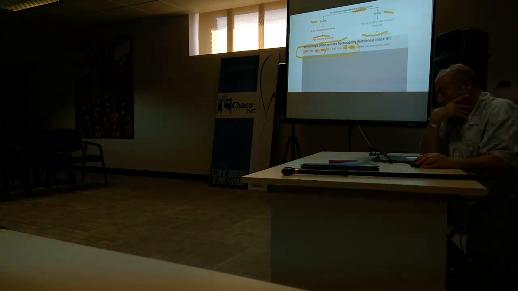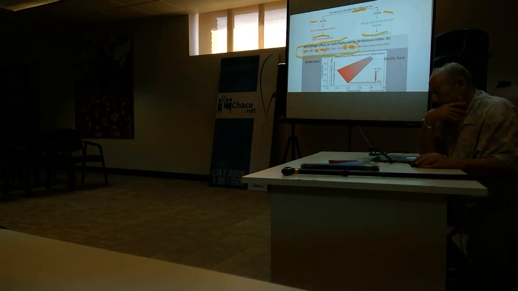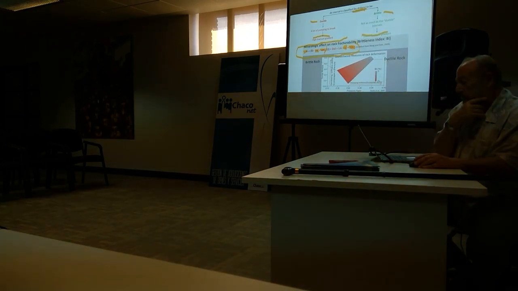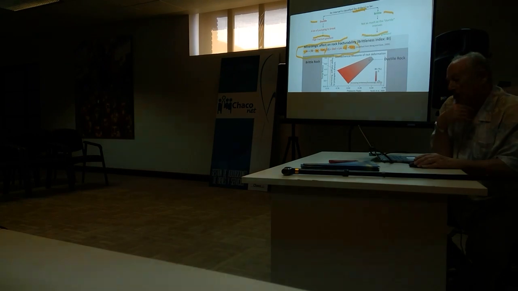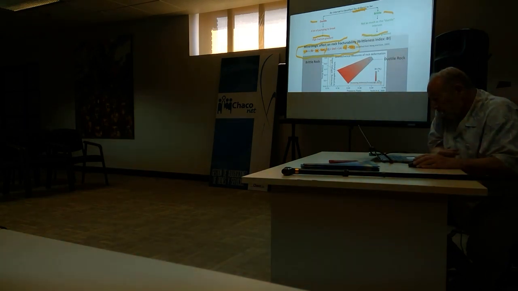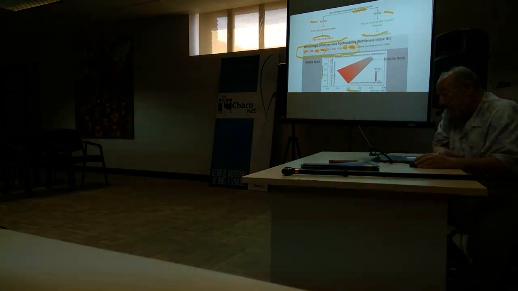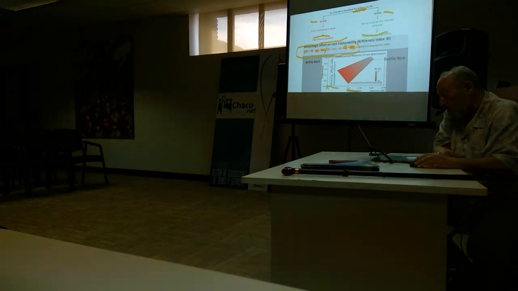Okay, so now we've got a number here. Now let's put this in terms of something you're more familiar with, say like Young's modulus and Poisson's ratio. I'll do a cross plot here of Young's modulus versus Poisson's ratio. I have Poisson's ratio increasing from left to right.